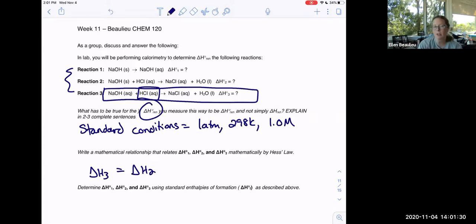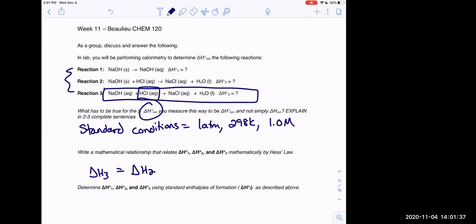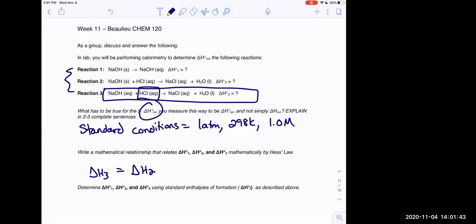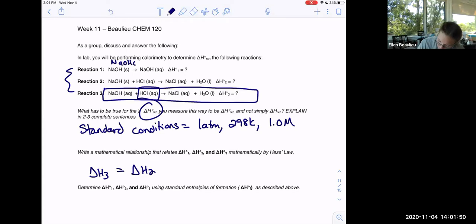We're going to use reaction 2 as is. What do you need to do with reaction 1? Does it need to stay the same, or does it need to flip, or do I need to scale it? What needs to happen? Do you need to flip it for the product to match up with the net? So if I flip it, I'm going to put aqueous on this side and solid on that side.